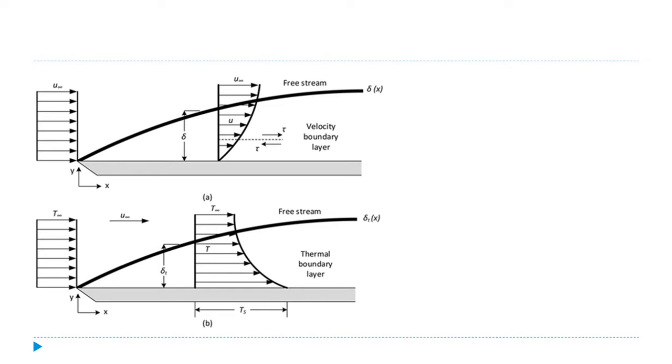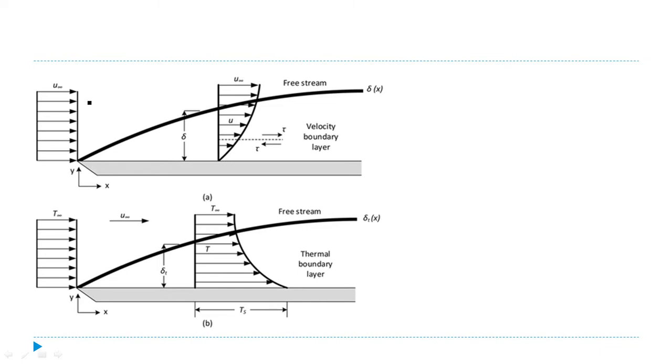So as you can see, the main thing which you are going to see today is how it is with only velocity and how it impacts with the thermal impact.